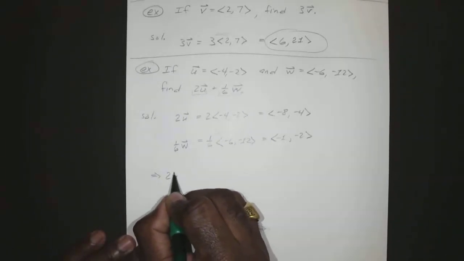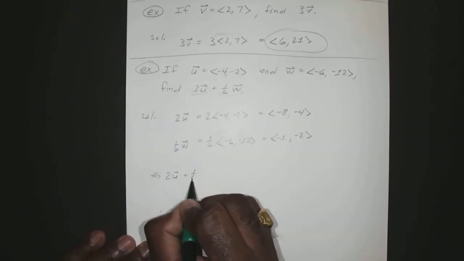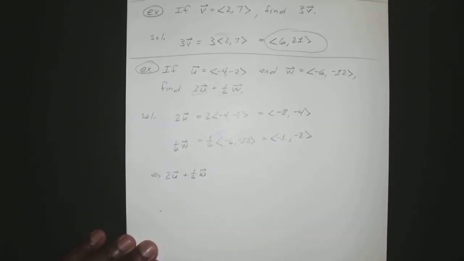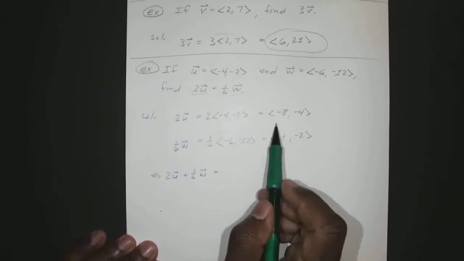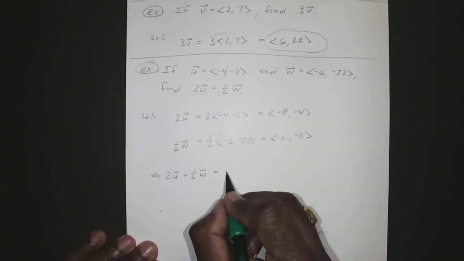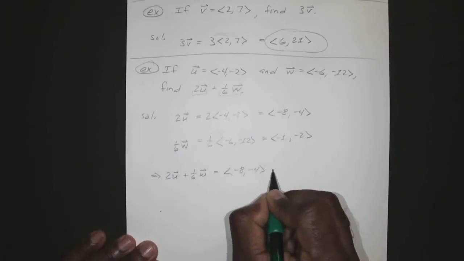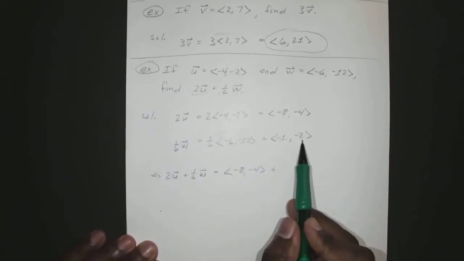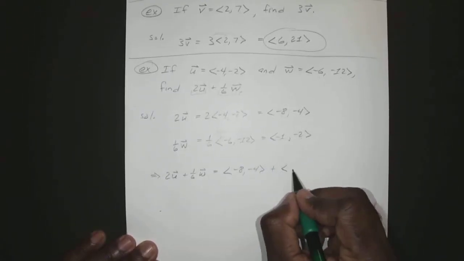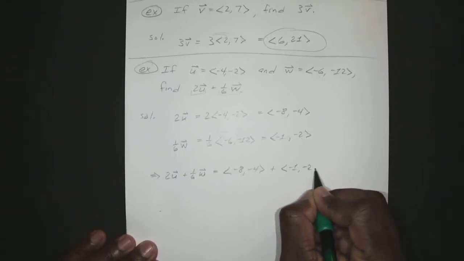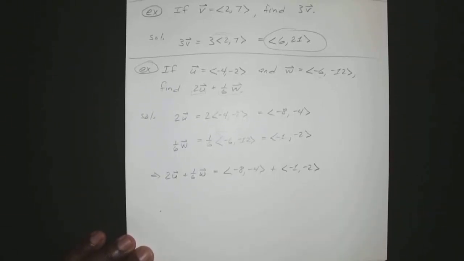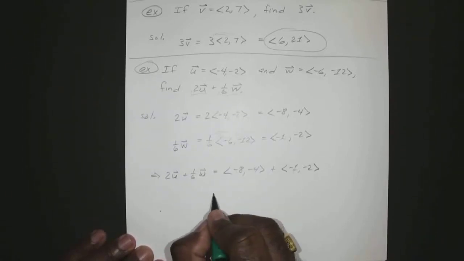So now we just add them together. So 2 times the u vector plus 1/6 times the w vector is equal to -8, -4, plus -1, -2. Okay, so remember, when you're adding your vectors, you're going to add the first components.